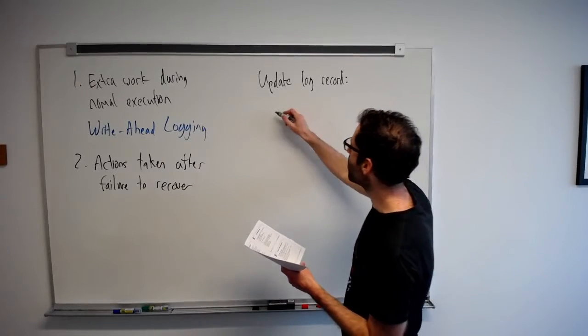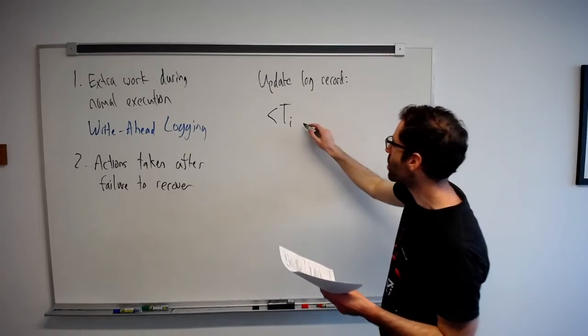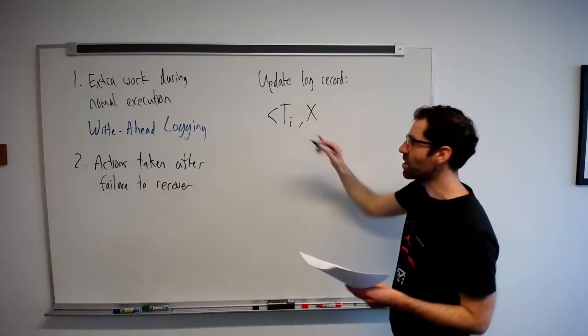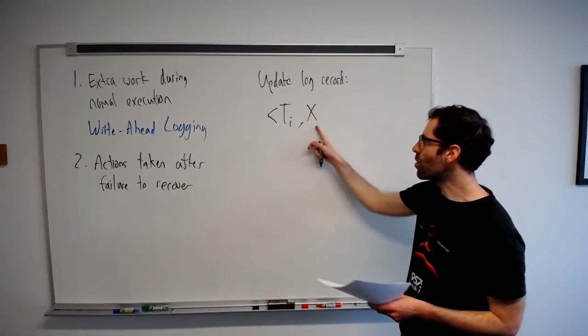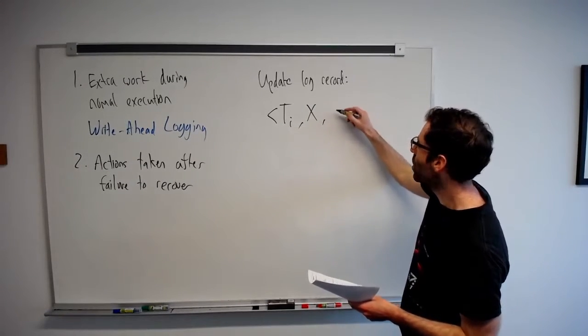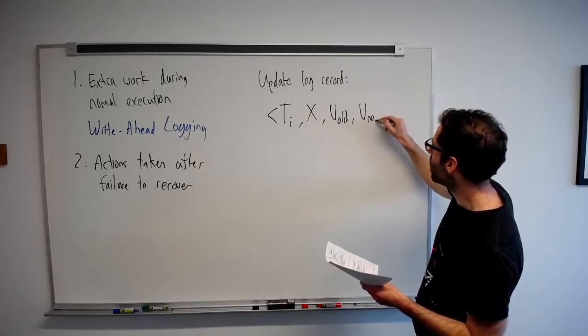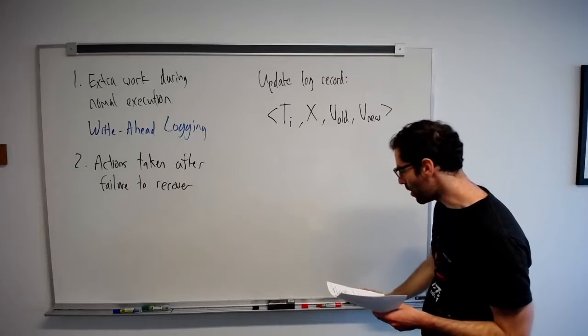And so these are going to be of the form: we're going to have some transaction, we're going to record which database object this update was modifying, and the old value and the new value.